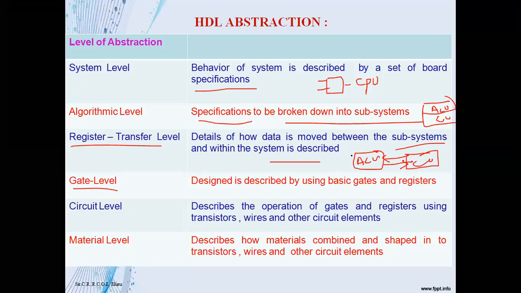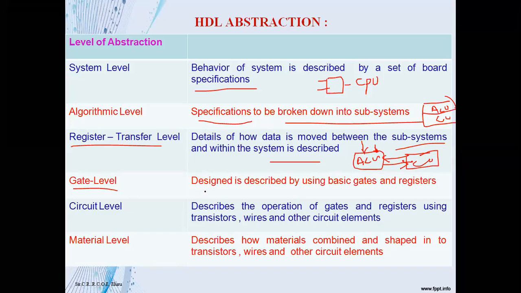The arithmetic logic unit will have the address bus and data bus, and the internal buses are there for data manipulation. These are all register transfer level. They describe how the data is moved in the systems. Now the next level is the gate level.